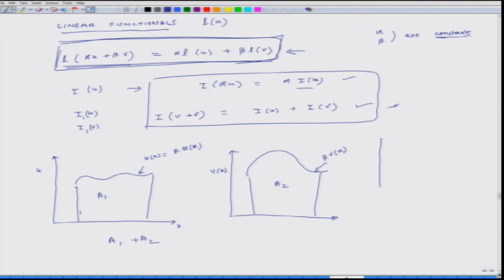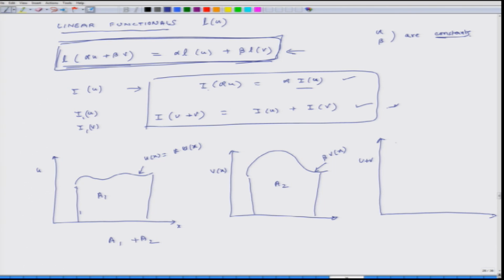Okay. So if I add these two areas, I get A1 plus A2. Now I create another functional which corresponds to the sum of these two individual functions. So here I am going to plot u plus v.